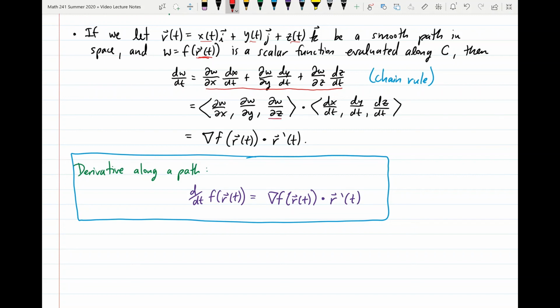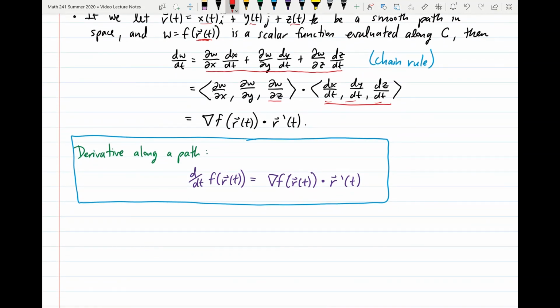And we have the dot product with dx/dt, dy/dt, and dz/dt. But remember that this vector here is the same as the vector corresponding to r prime, the derivative of the vector valued function r.